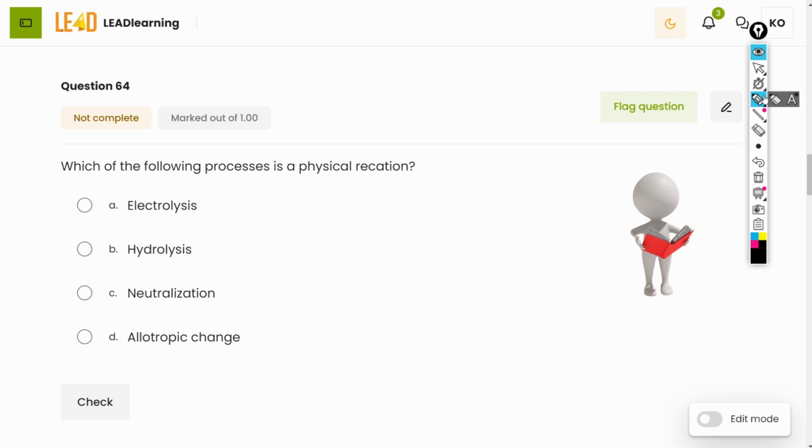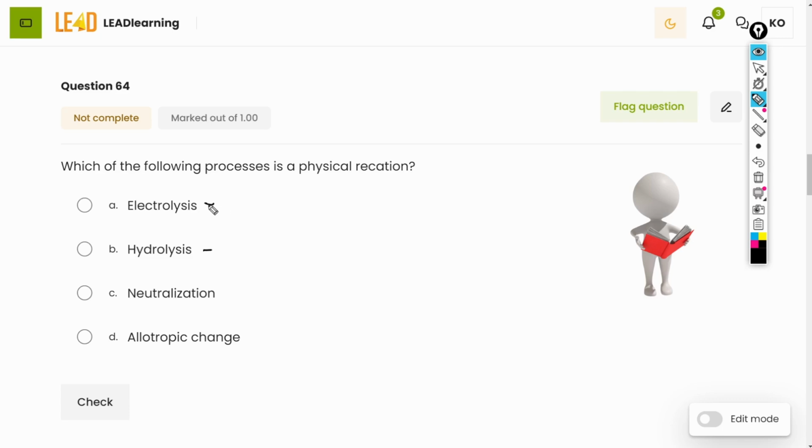So question 64, which of the following processes is a physical change? Electrolysis is a chemical change. It involves the decomposition of a compound by the passage of a direct current into its aqueous or molten salt. For example, the electrolysis of water.